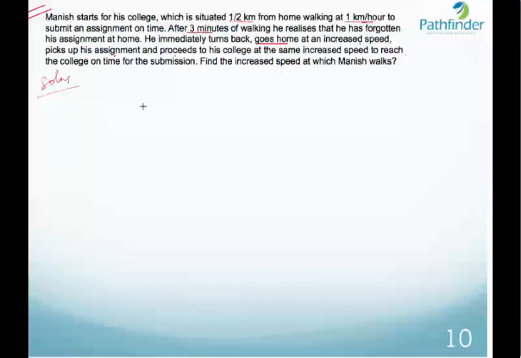So let us draw a schema first. On the straight line, you have home as the starting point, represented by H. You have college as the end point, which is represented as C. And let us assume that Manish walks for 3 minutes to another point named B. And this is the point from where Manish turns back at an increased speed.